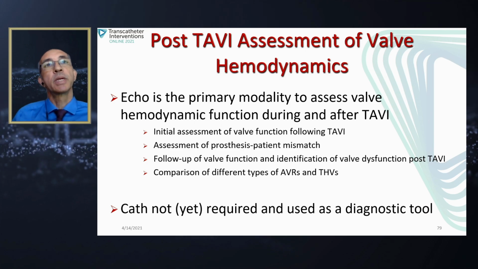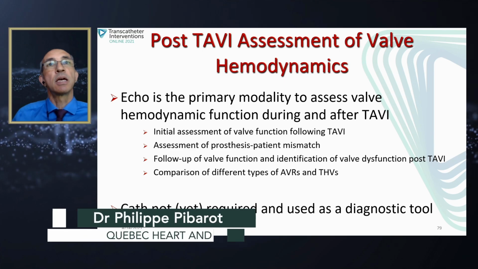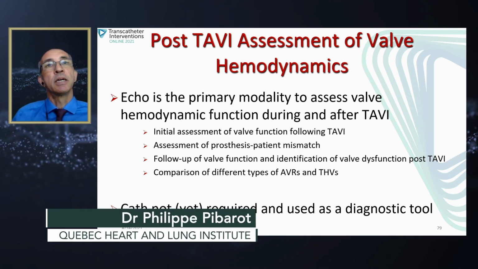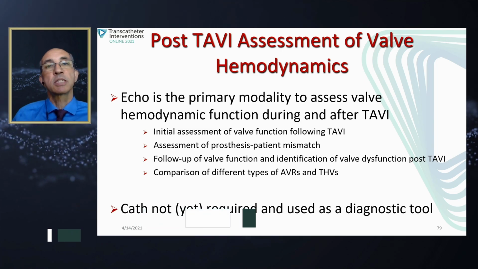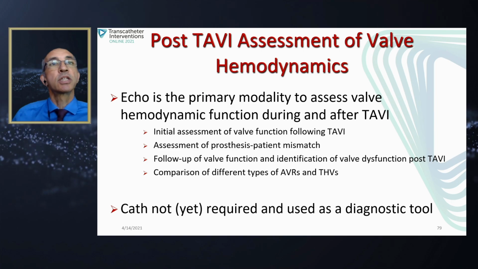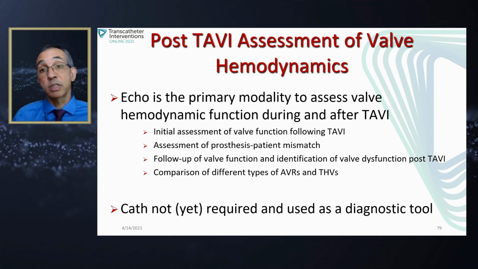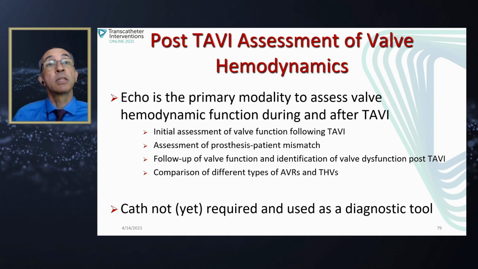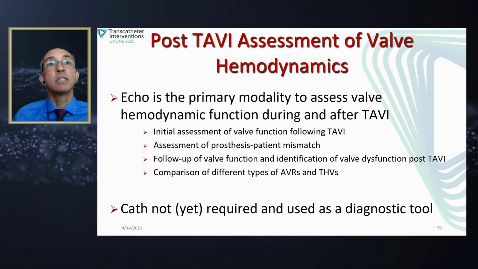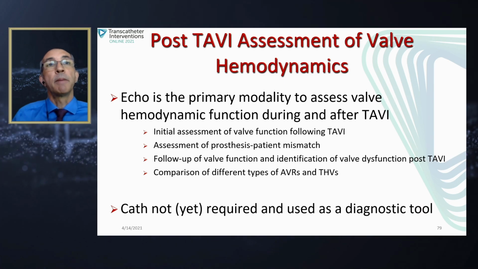Echo is the primary modality to assess valve hemodynamic function during and after TAVI. Of course, it is important for the initial assessment following the procedure, and eventually to assess the issue of prosthesis-patient mismatch and high residual gradient, and also to follow up on valve function and assess the presence of any dysfunction during follow-up.